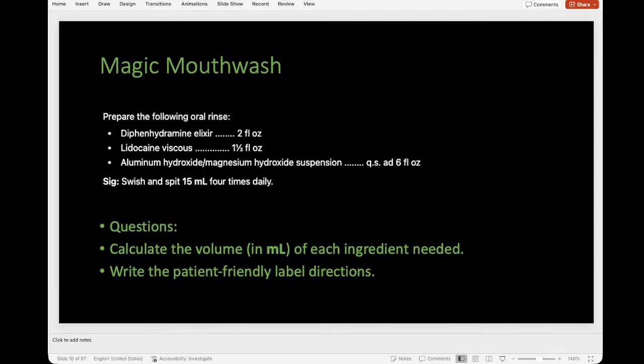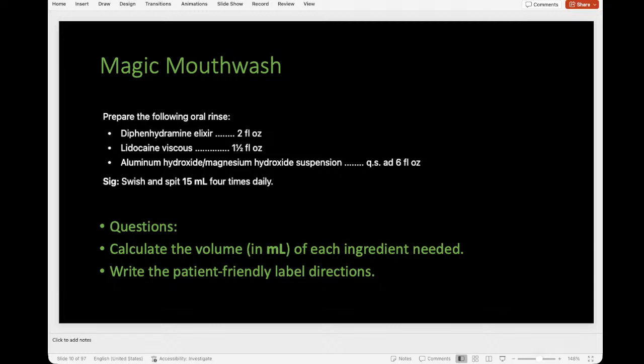Either way, you're going to have something like Maalox, lidocaine, and Benadryl in some form in the Magic Mouthwash. In this question, it says to prepare the following oil rinse, and this involves diphenhydramine elixir, 2 fluid ounces, lidocaine viscous, 1.5 fluid ounces, and aluminum hydroxide, magnesium hydroxide suspension, quantity sufficient.